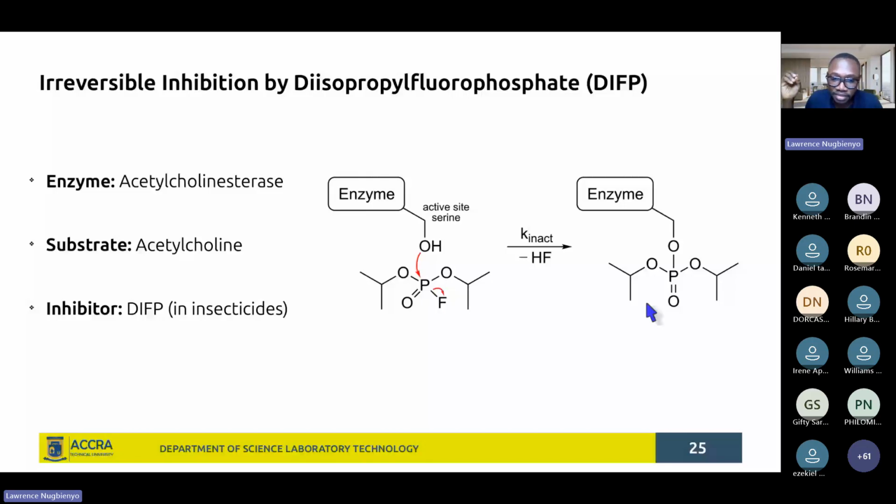So in an insect, if you have DIFP in an insecticide, the central nervous system will not work. And once there is paralysis, then eventually it will result in the death of that insect.